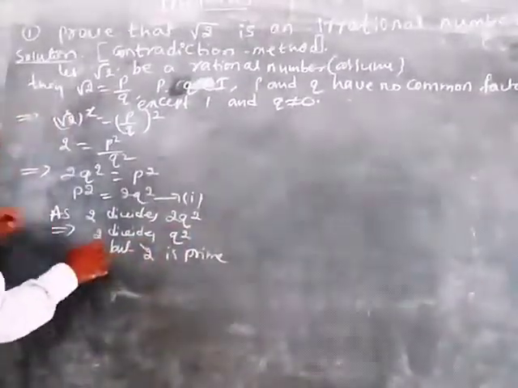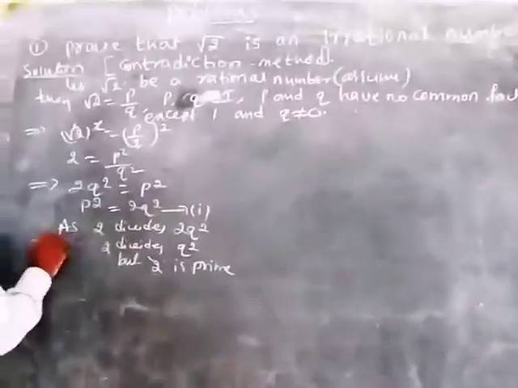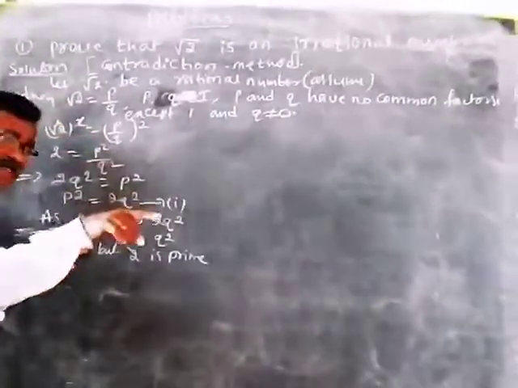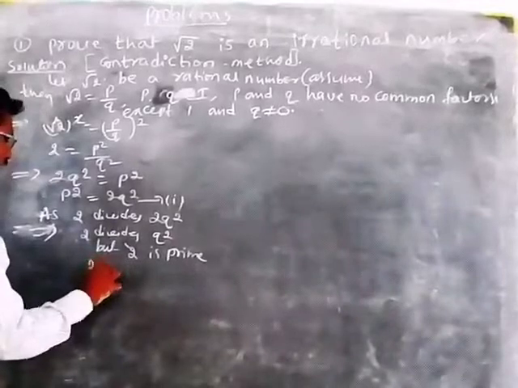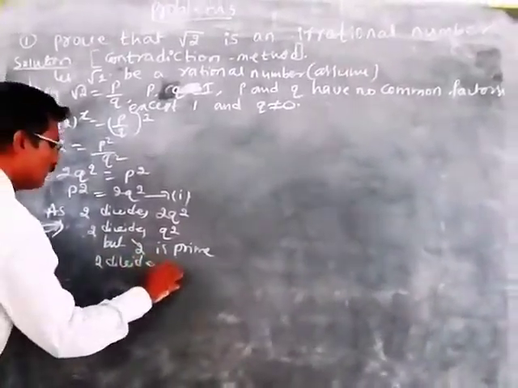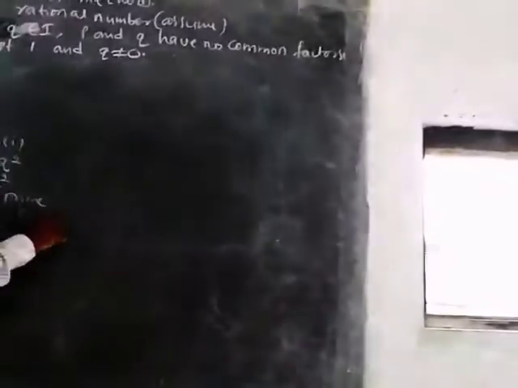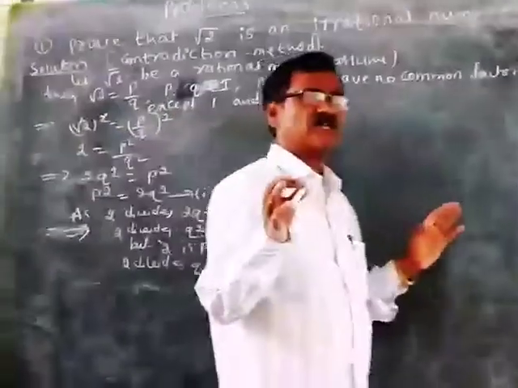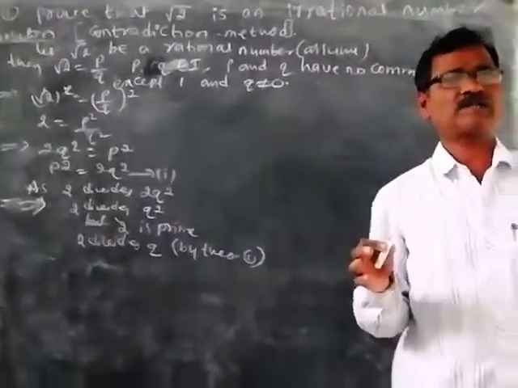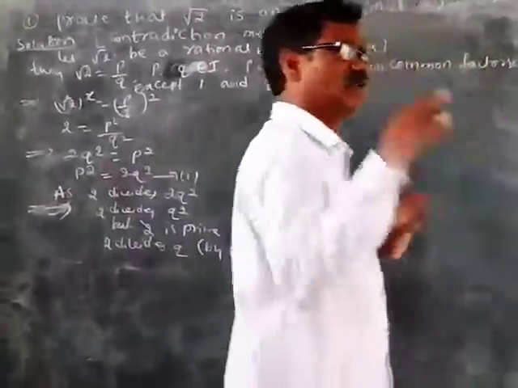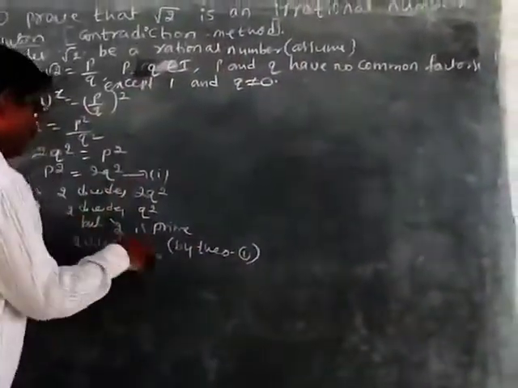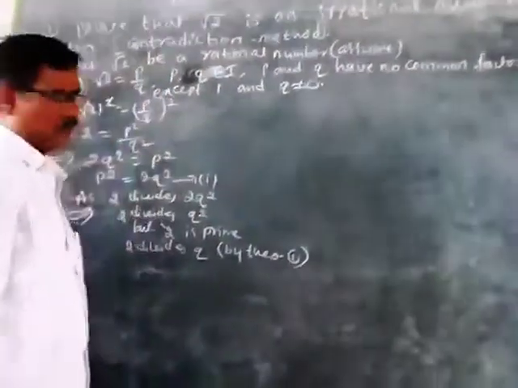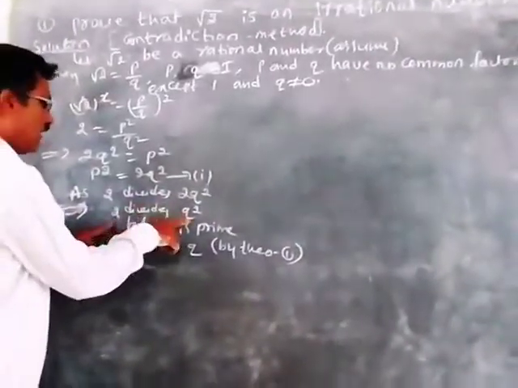So as 2 divides Q square, by theorem 1, 2 divides Q. By theorem 1, how? If P is a prime number, A is a natural number, and P divides A square, then P divides A. Like that here, instead of A, it is Q. That is, 2 divides Q square.